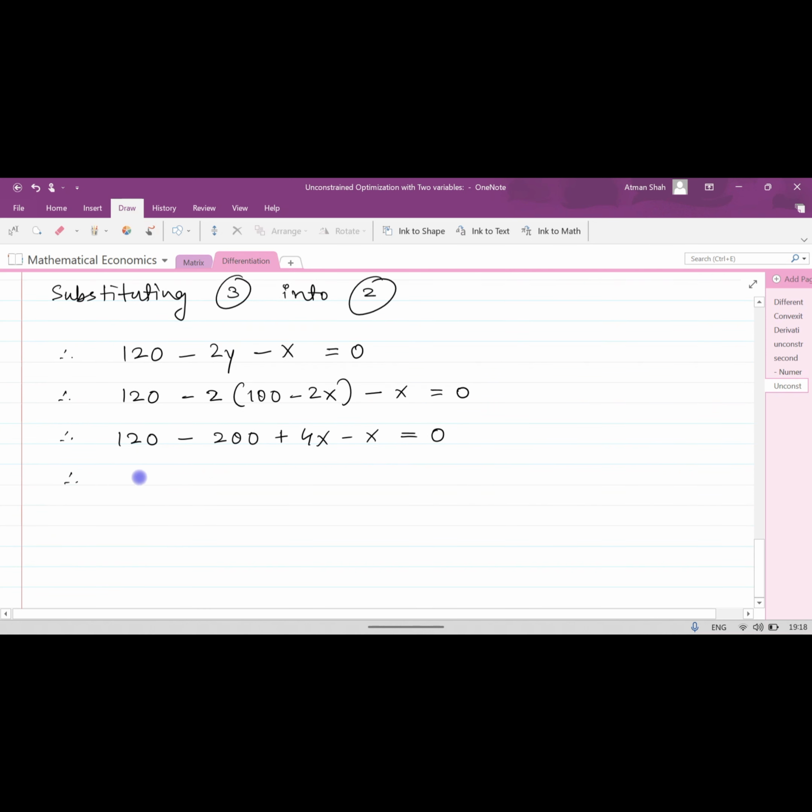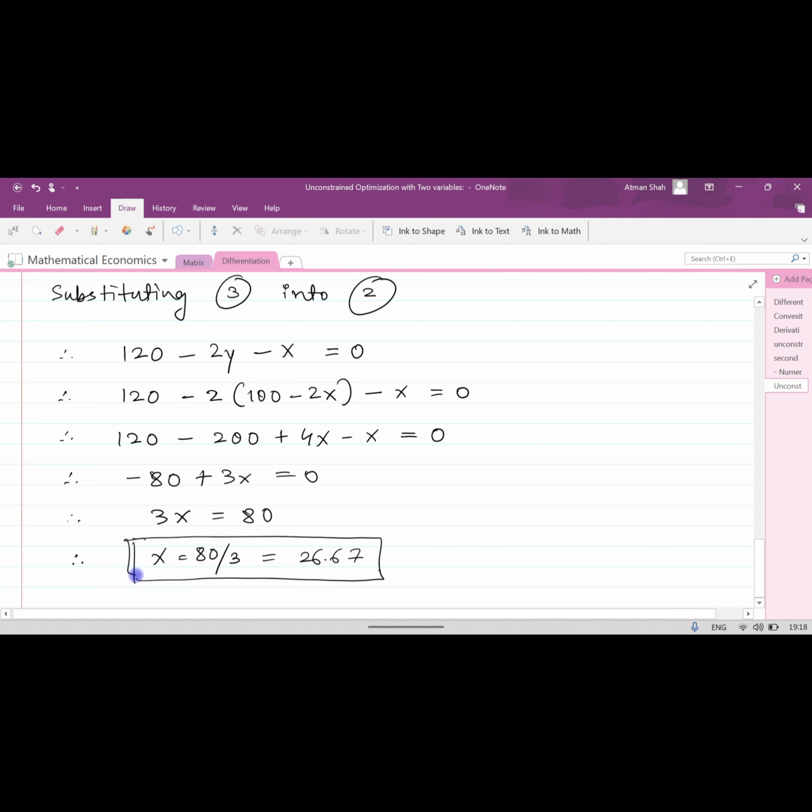So therefore minus 80 plus 3x is equal to 0. Therefore 3x is equal to 80 and x is equal to 80 by 3, and the answer is 26.67. So that is the value of x.